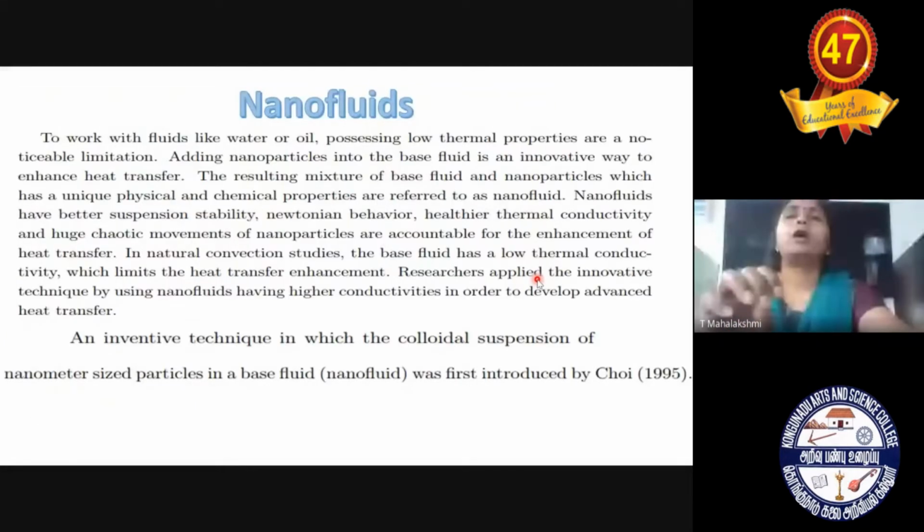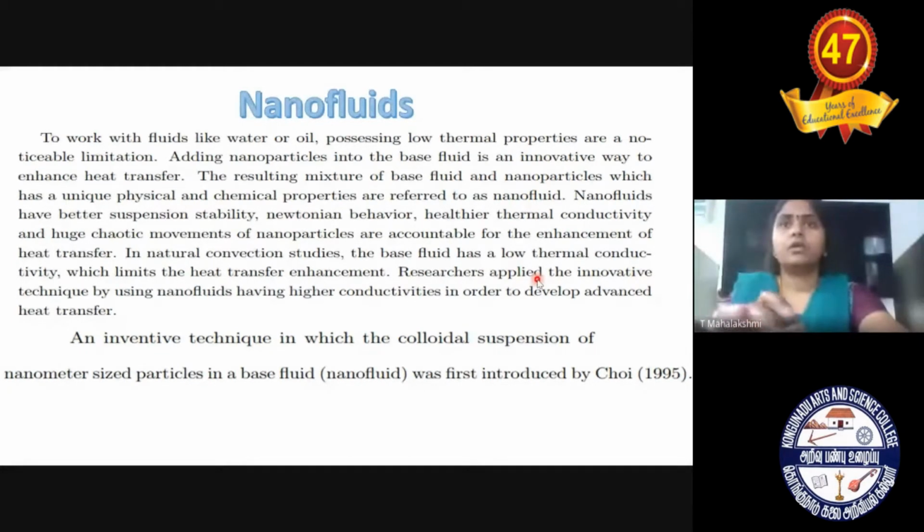So among all modes of heat transfer analysis nowadays, all are considering the nanofluids. So first we must know what is meant by nanofluid. Basic fluids are nothing but air and water. So if we consider nanoparticles with appropriate solid volume fraction, obviously the fluid will be converted into nanofluid.